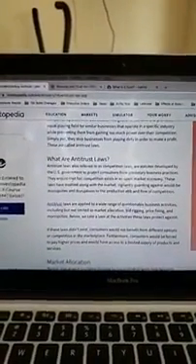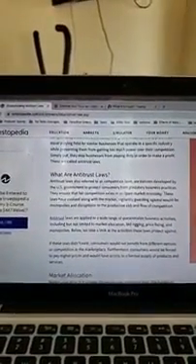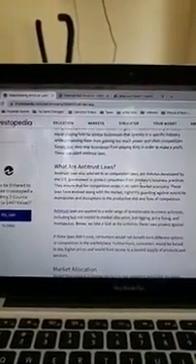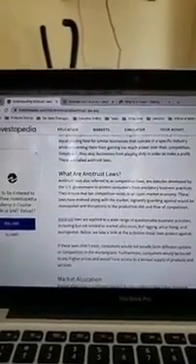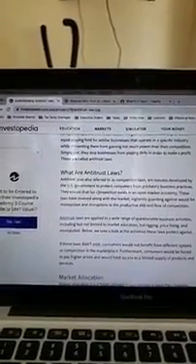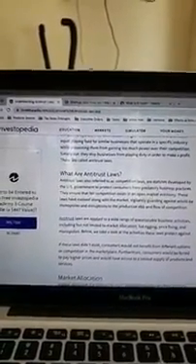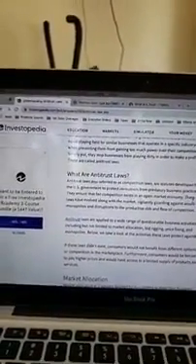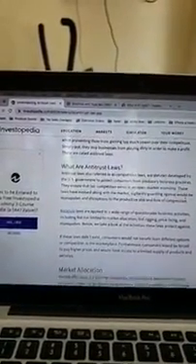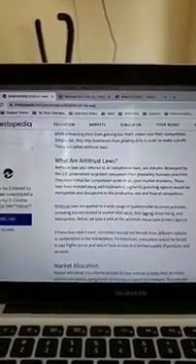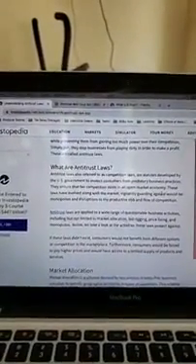Here it is. What are antitrust laws? Just read. Antitrust laws, also referred to as competition laws, are statutes developed by the U.S. government to protect consumers from predatory business practices. They ensure that fair competition exists in an open market economy.